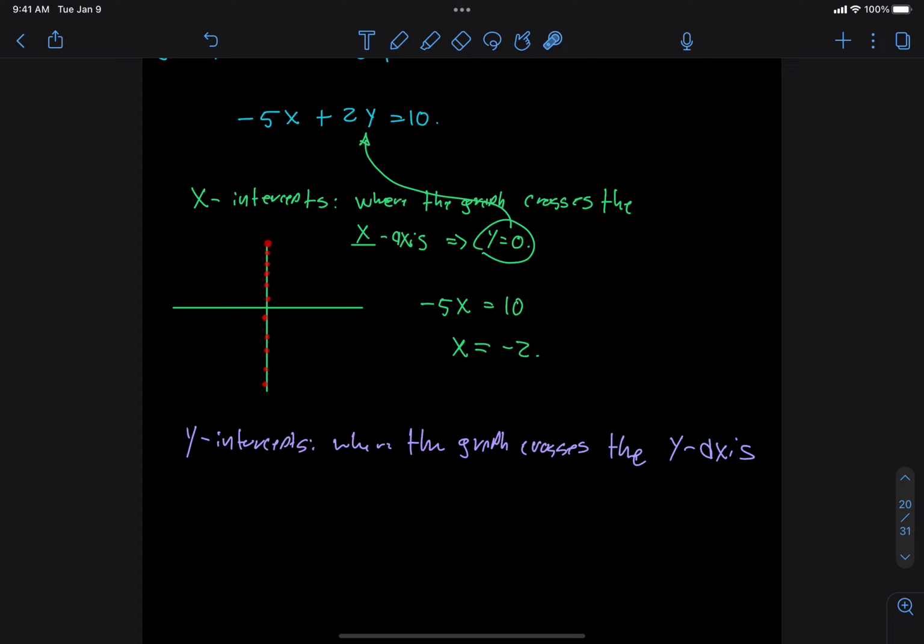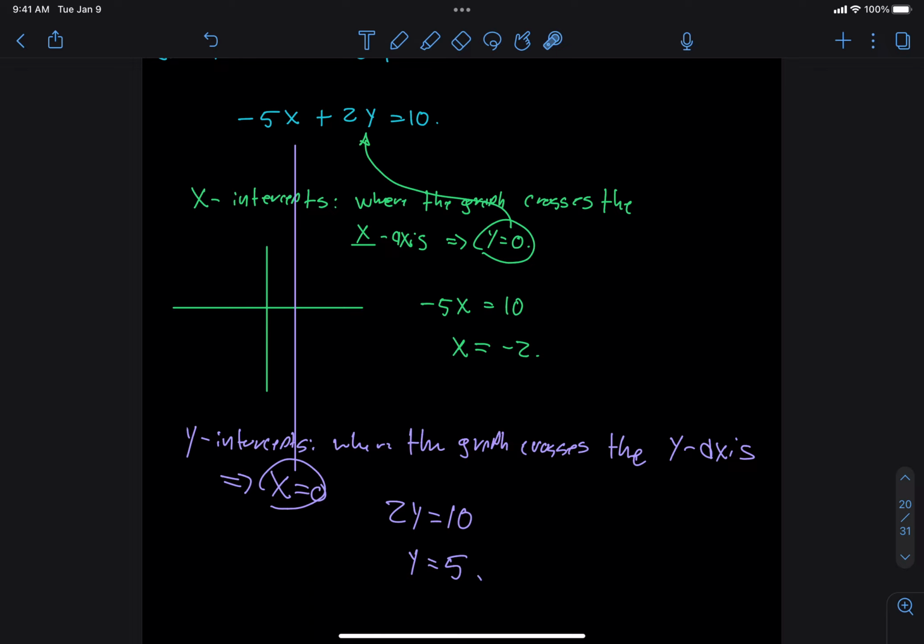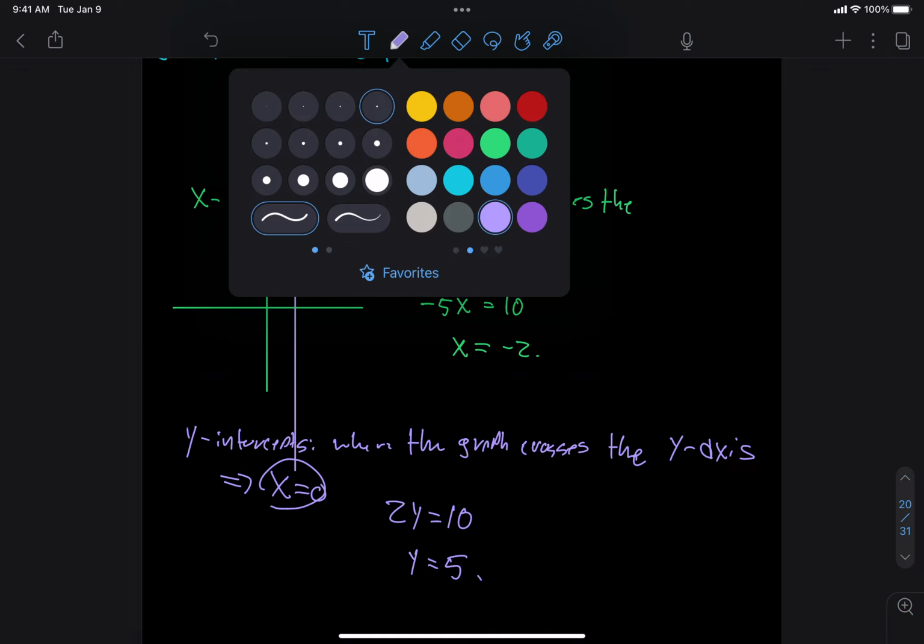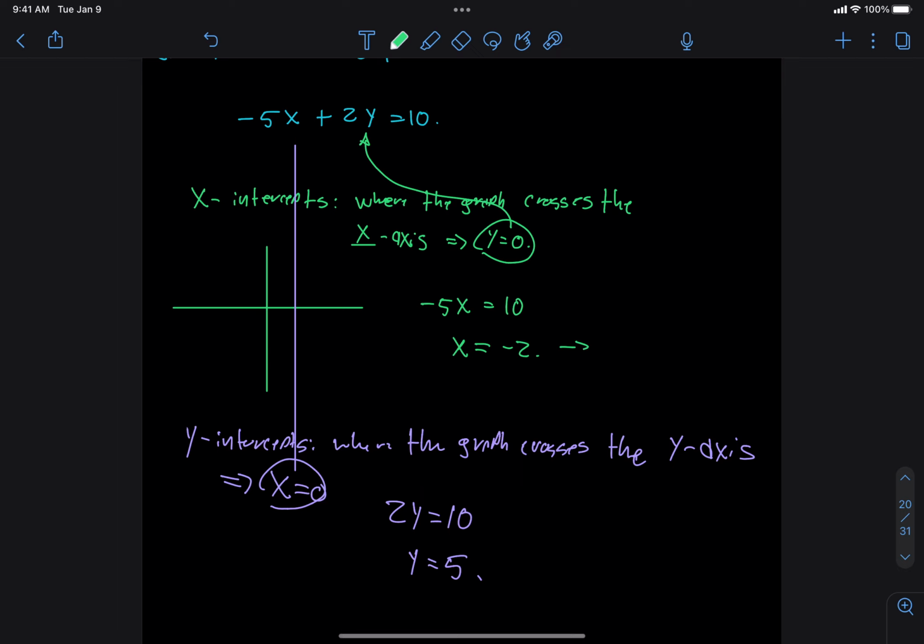They have the same x value, namely 0, right? If we're on the y-axis, then x is equal to 0. So I'm going to plug in x equals 0 above, and I'm going to get 2y equals 10. Then I will solve for y equals 5. So my intercepts are -2, 0 for the x-intercept and 0, 5 for the y-intercept.